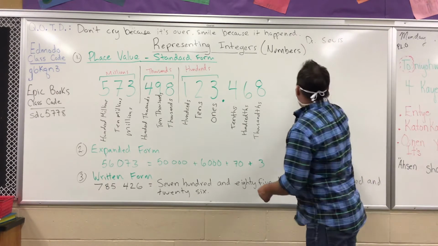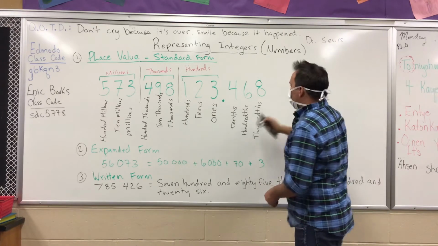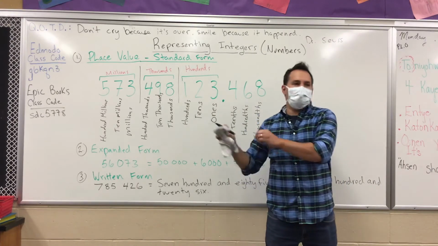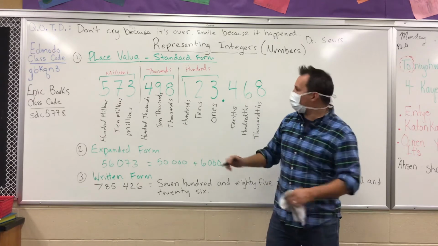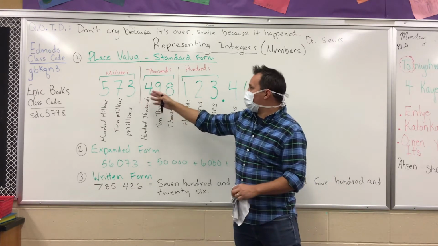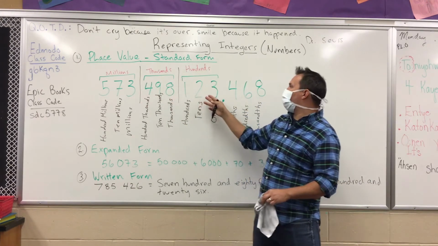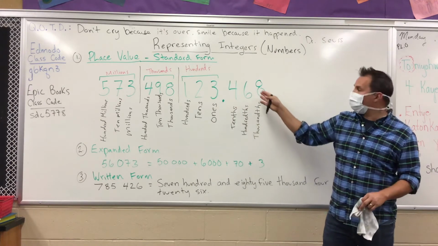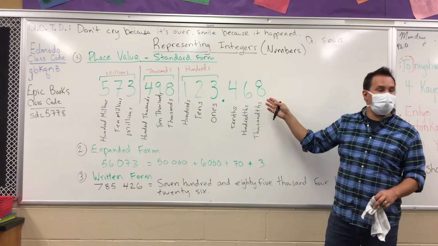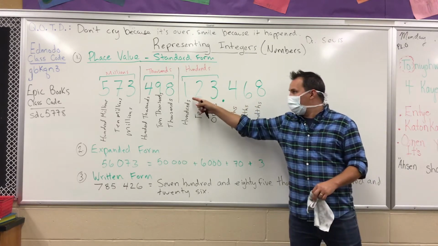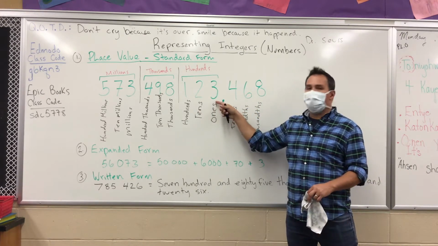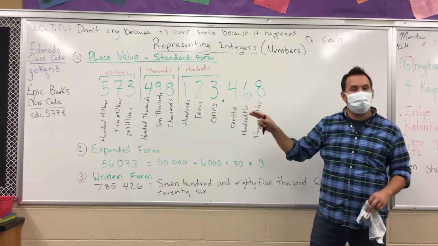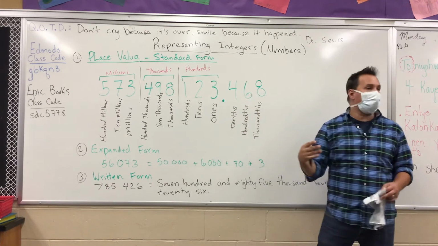We know that because we can have part of another number. So in this case, 573,498,123 decimal 468, we're that much farther to finishing with a 4. We're between our 3 and our 4, right?